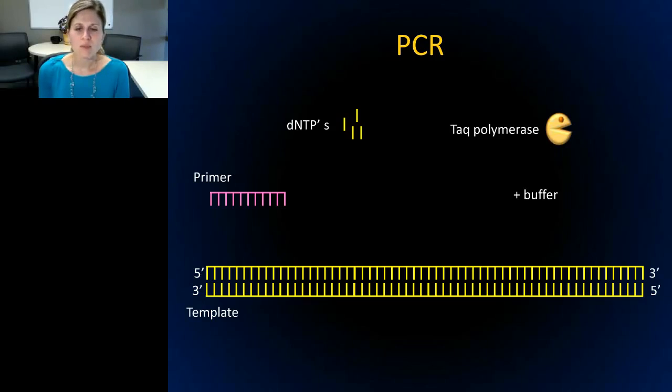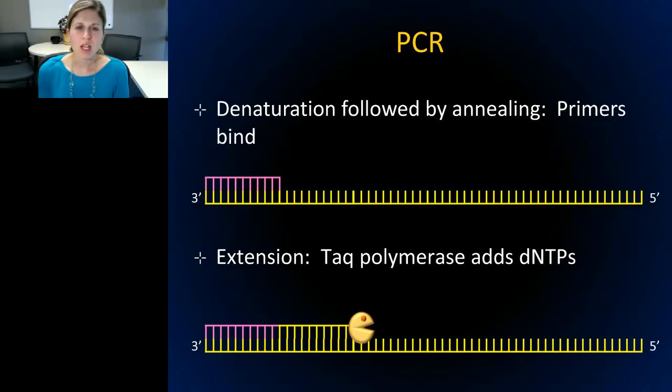But all of this has to come together, and we would then melt this double strand of DNA, allow for a primer to bind to a specific region that we know we're trying to assay. And then Taq polymerase can extend that region that we've allowed a primer to bind to.